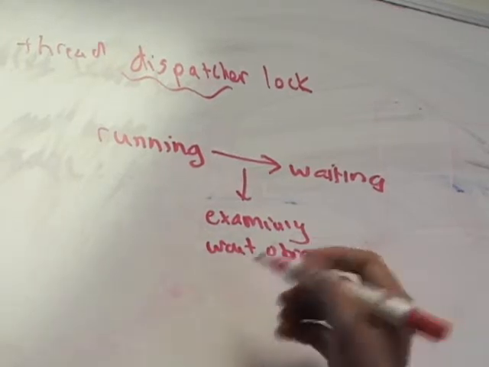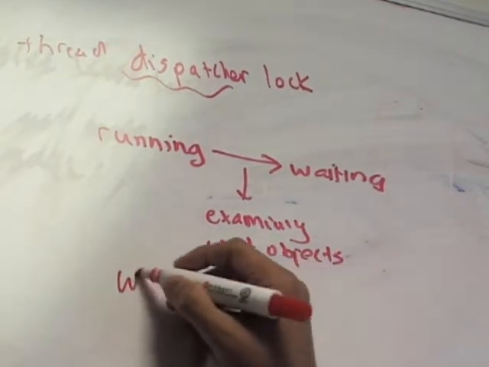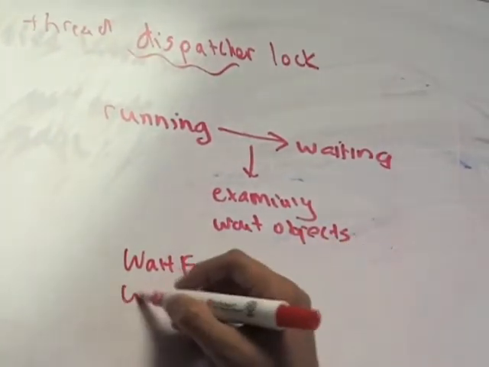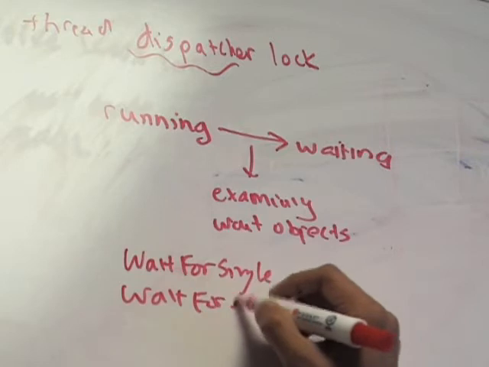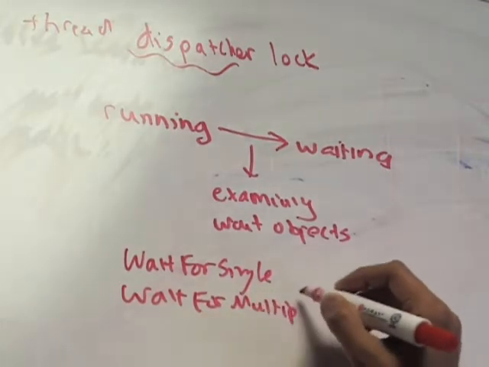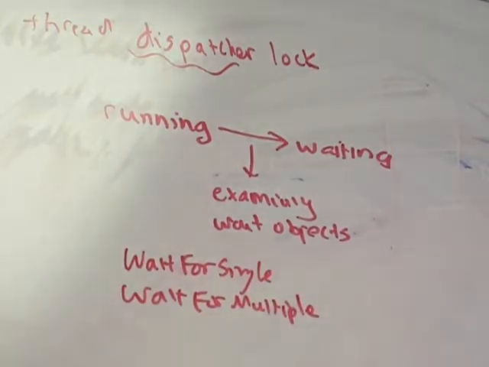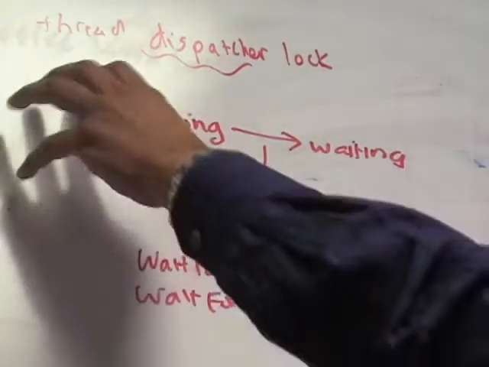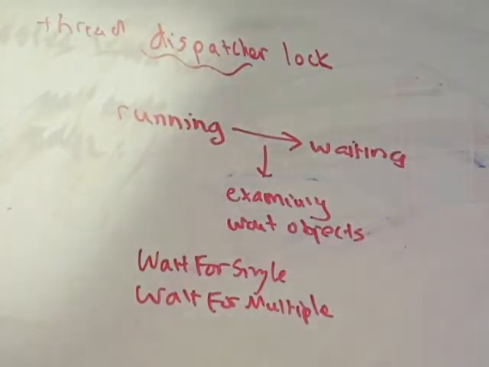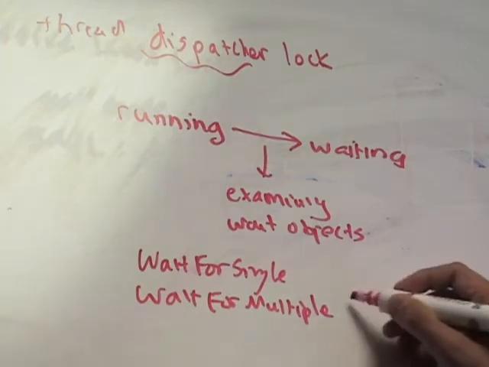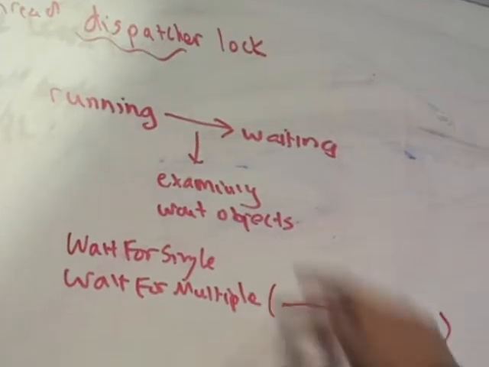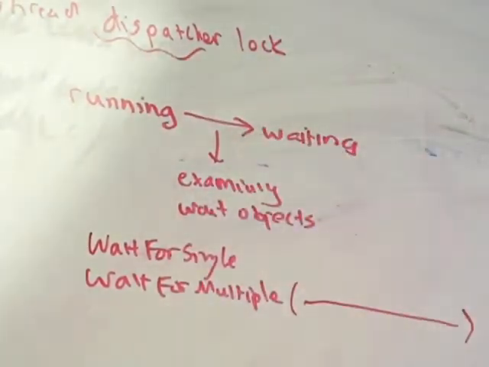So, for example, all these wait for single, wait for multiple objects are two APIs where you can wait on an object or wait on a set of objects. Those end up requiring the dispatcher lock because all these objects that you specify here are actually synchronized with this single lock, the state of them.